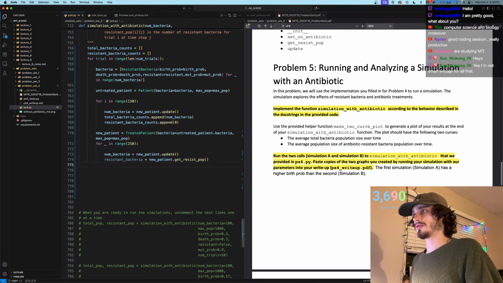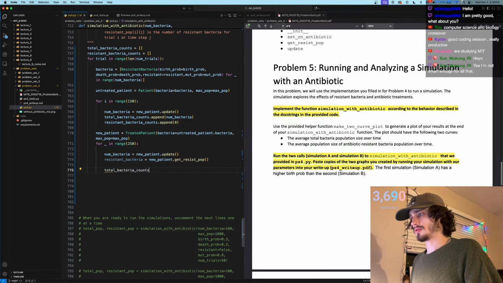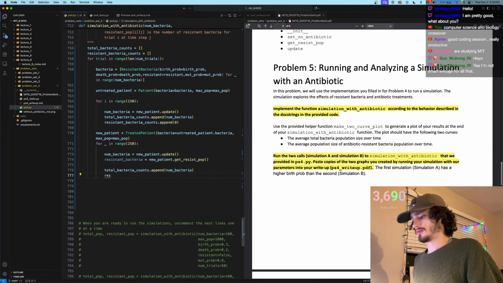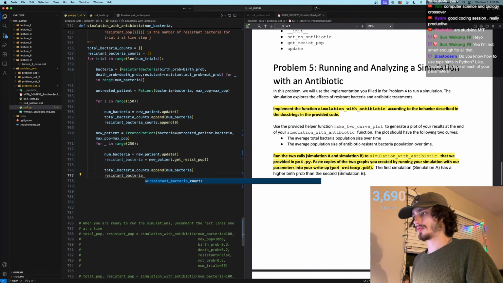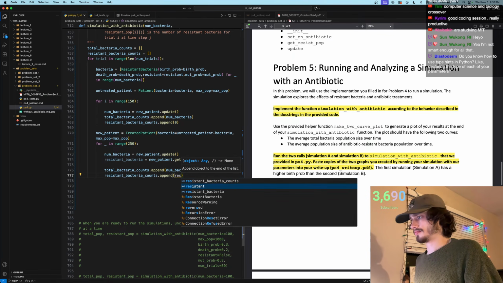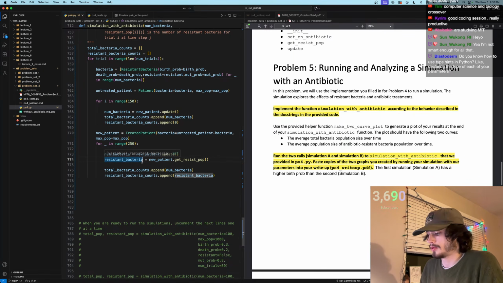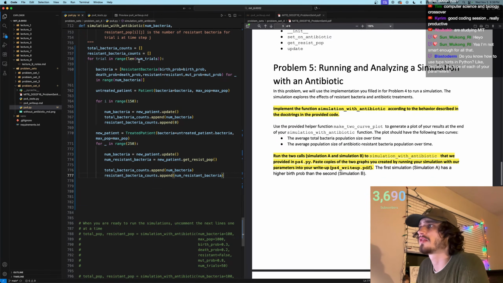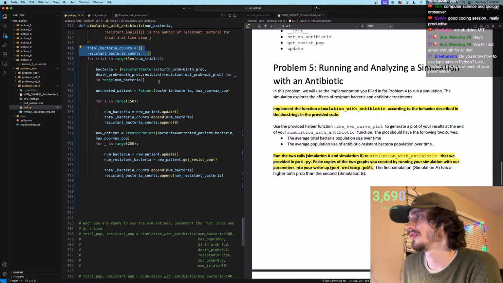And what we're going to do is go total bacteria counts dot append the number of bacteria, and resistant bacteria counts dot append the resistant bacteria. Right, so that'll give us two lists of the total bacteria counts and the resistant bacteria counts.